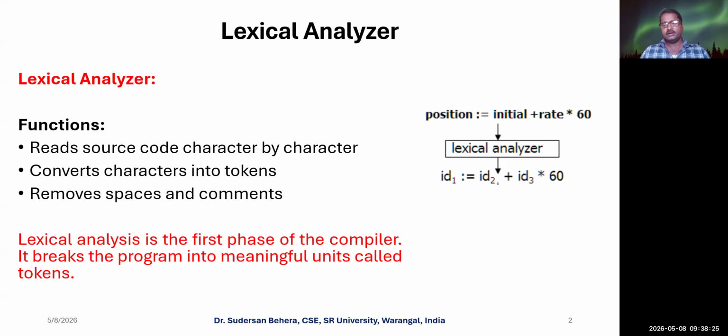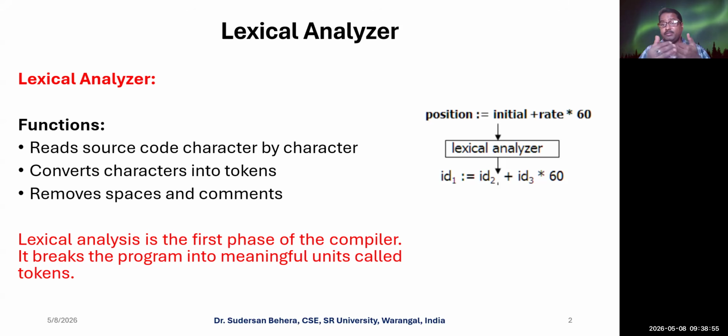Upon reading, it starts reading from P, because position is the first word. So it will read P, O, S, I, T, I, O, N, character by character. Whenever it reaches the last character N, the entire word is called position.